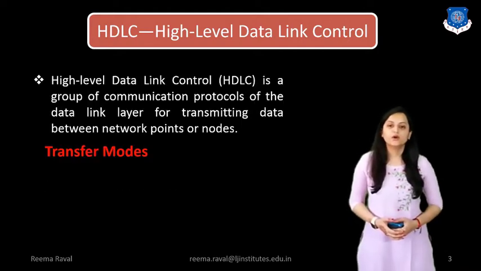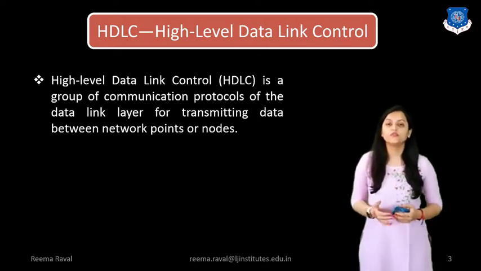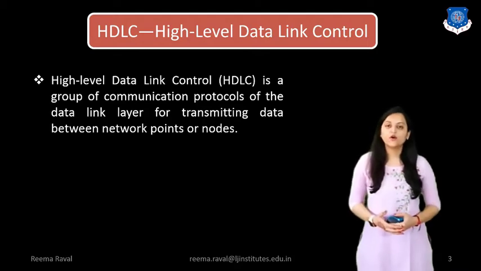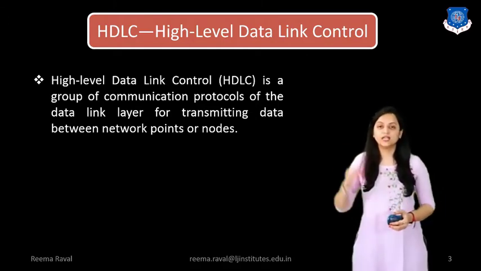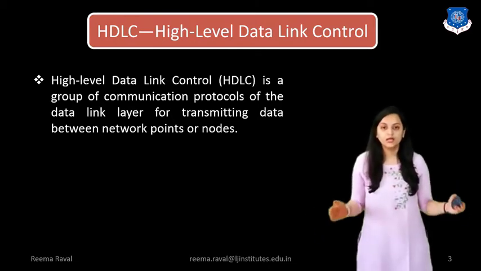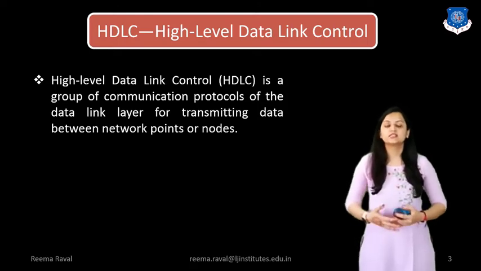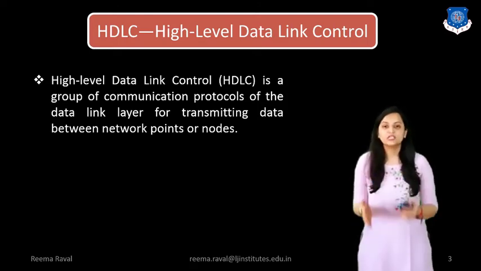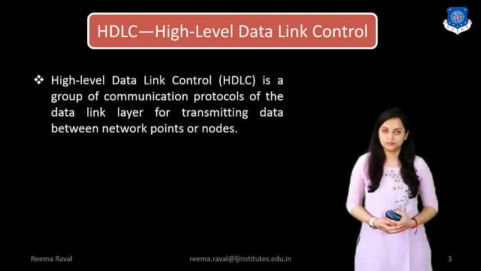Now, what is HDLC? High-level data link control is a group of communication protocols of the data link layer for transmitting data between network points or nodes. That means let us assume that in any network there are different nodes or different points, and whenever we are establishing a communication using these nodes, this is a group of communication protocols for such kind of transmission of data.